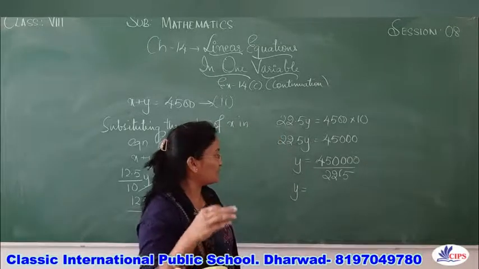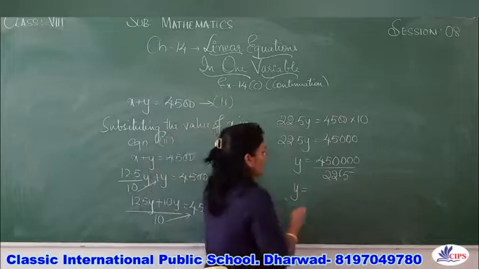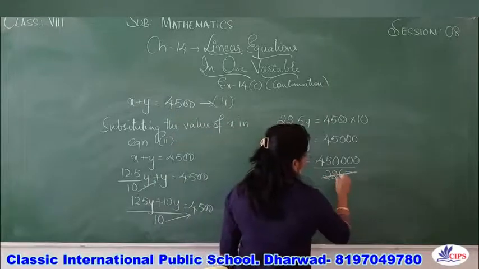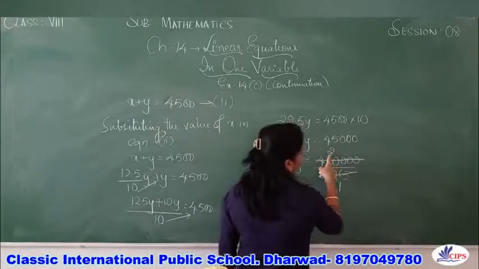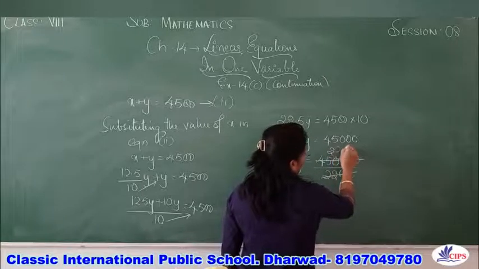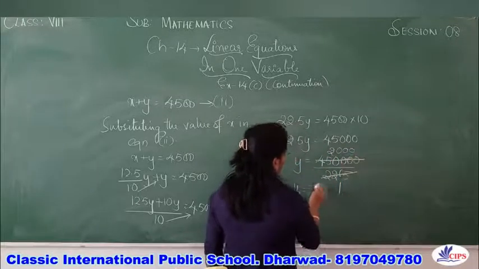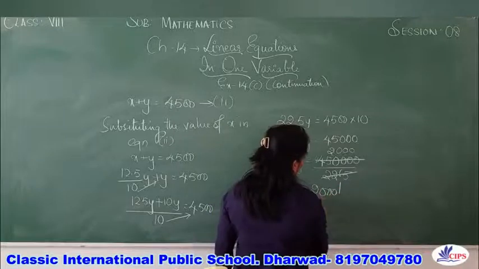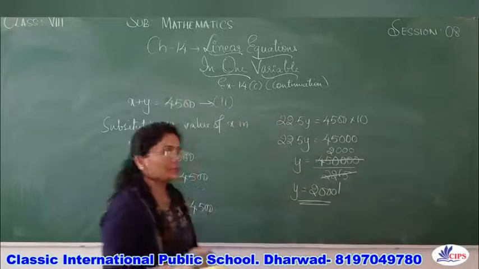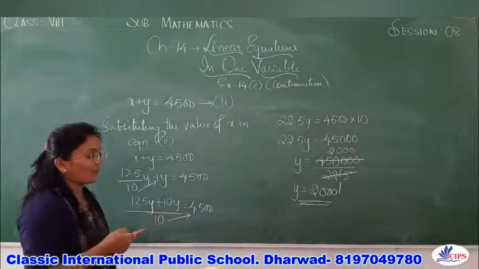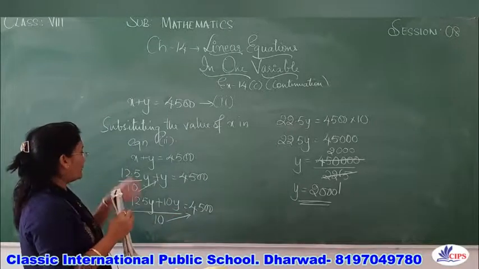So 225 into 2 will be 450. So here 225 twos are 450, and these three zeros I am putting here. Now we have got the value of y as 2000.